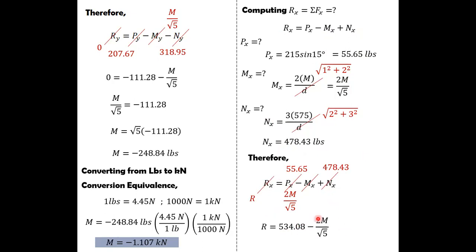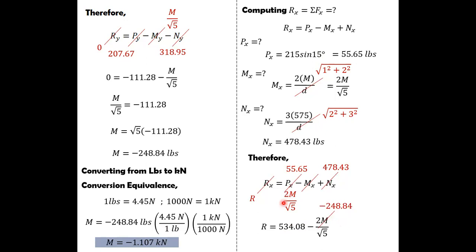Okay, now since we have already the value of M, substitute lang natin siya. Pero that must be expressed in terms of pounds, para maging unit consistent. Kasi we can't use negative 1.107 because of the fact that its unit is in terms of kilonewton. Dito dapat naka-pounds pa rin siya kasi nung inanalyze natin yung ibang forces naka-pounds din.